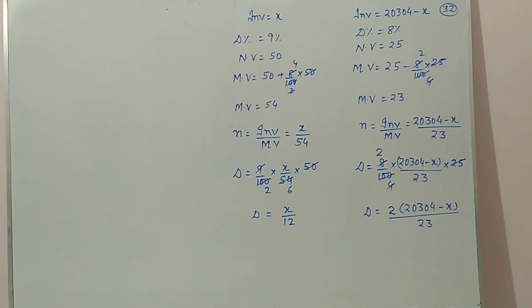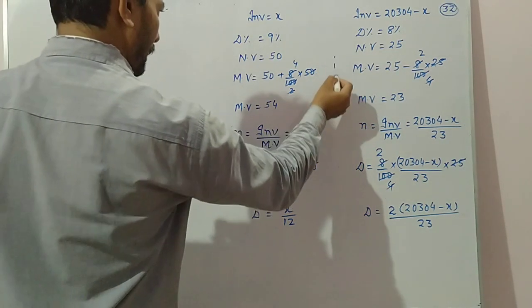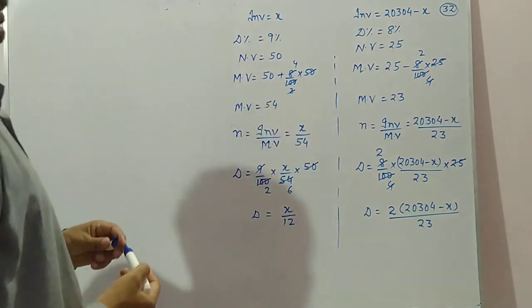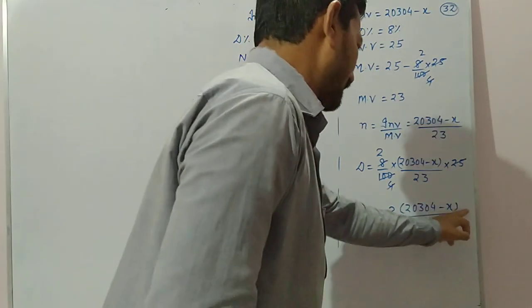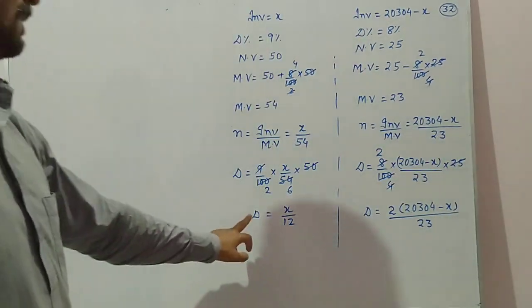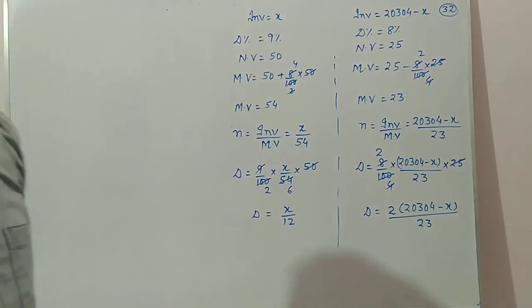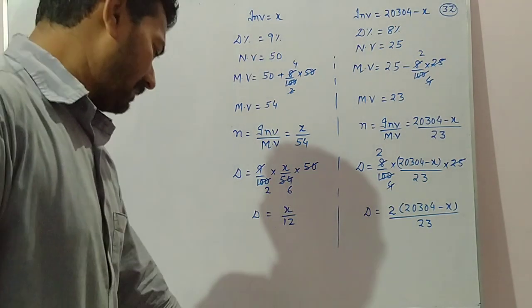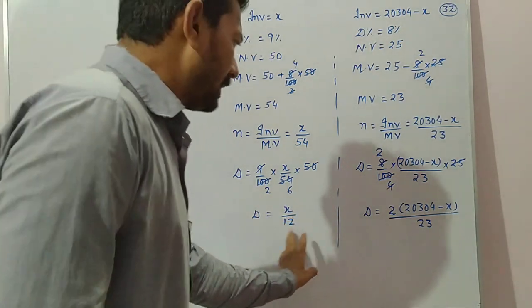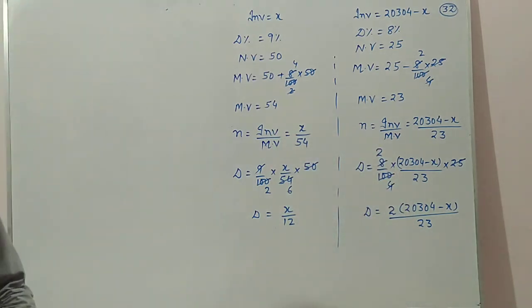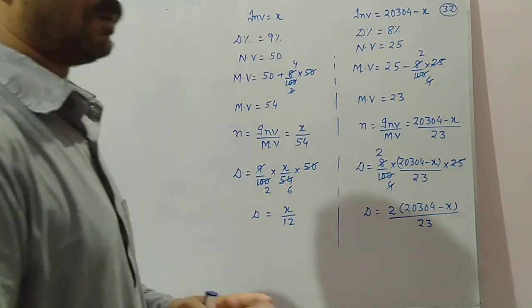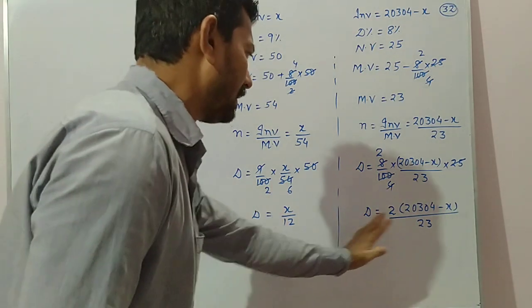So the first dividend is x by 12 and the second dividend is 2 into 20,304 minus x by 23. Next, it is given that the dividends are equal. In the previous case it was given that the sum of the dividends was 280. In one case it was given that the difference in the dividends was 2000. Here it is given the dividends are equal.